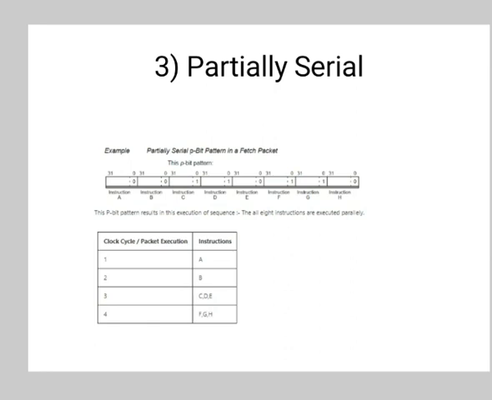Here cycle 1 to 4: cycle 1 instruction A, cycle 2 instruction B, cycle 3 instructions C, D, E and cycle 4 F, G, H. Now we have to note that here the instructions C, D and E do not use any of the same functional unit, cross path or other data path resources. This is also true for the instructions F, G and H.